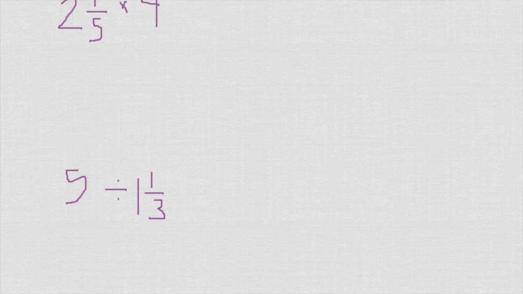In order for that to happen, we're going to have to put any mixed numbers into improper form first. So 5 times 2 is 10, plus 1 is 11, and the denominator stays the same. So that first number changed to 11/5, and we're going to change 4 to 4/1. Any whole number can be written with a denominator of 1.